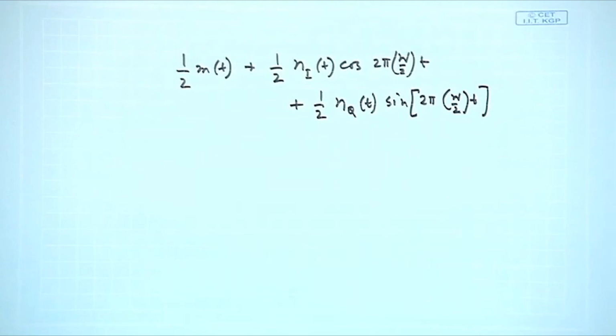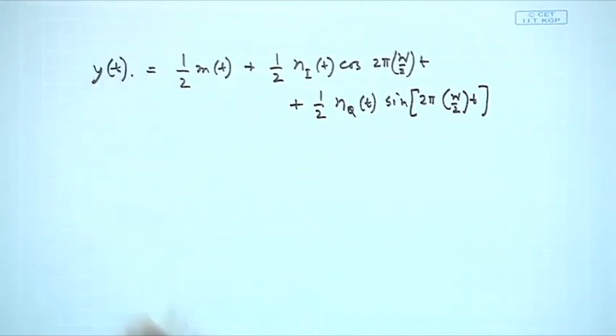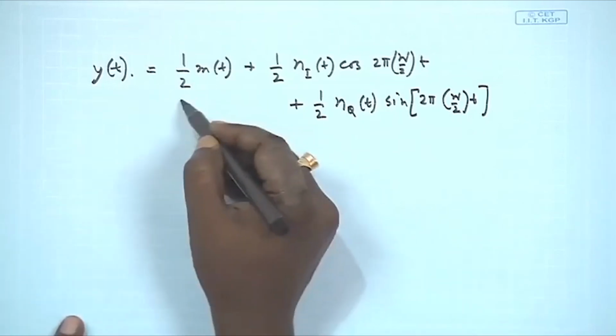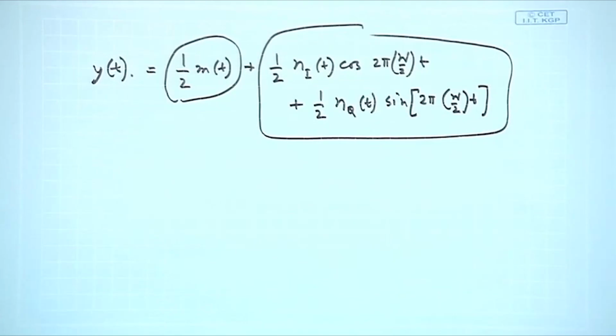This is what we get at the output. So, that is my Yt. Now, clearly you can see that it has a message term and a noise term. So, this is the first time, because of this filter central frequency shift, we get both the in phase and quadrature term in my output noise. Okay.